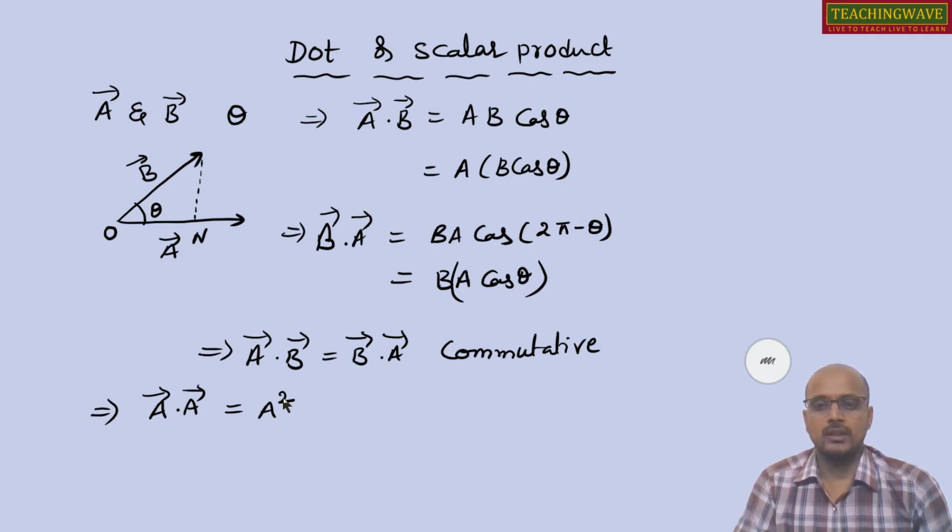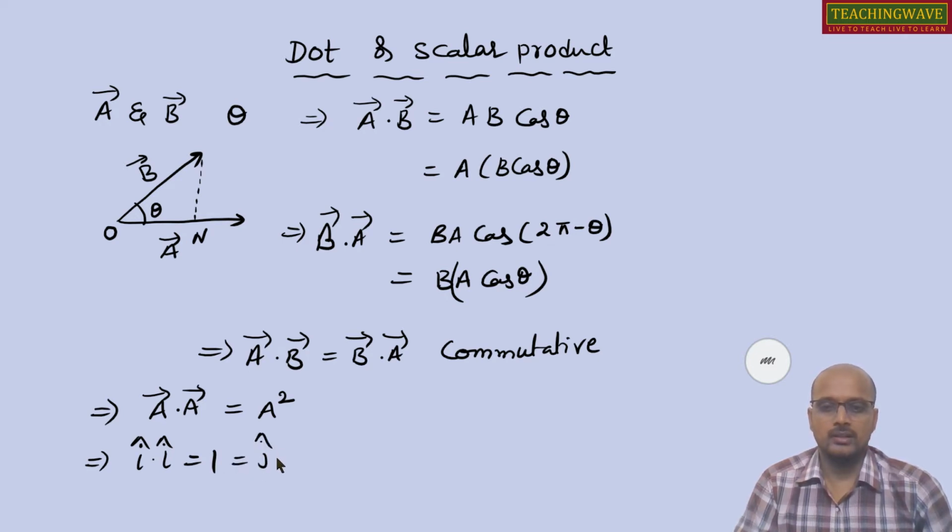So you get a square. In a similar manner, the dot product between the same unit vectors, that is i cap dot i cap, is equivalent to 1 because the magnitude is 1. Similarly, j cap dot j cap is equivalent to 1, and k cap dot k cap is equivalent to 1.